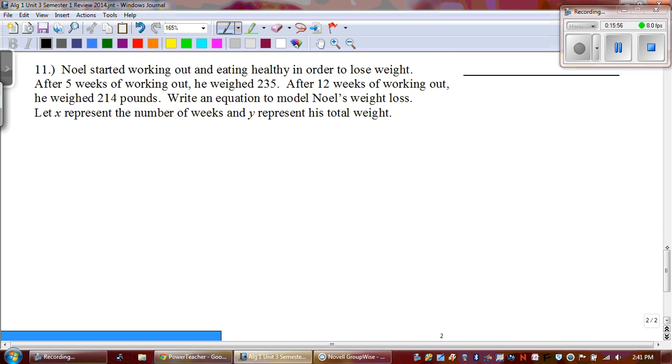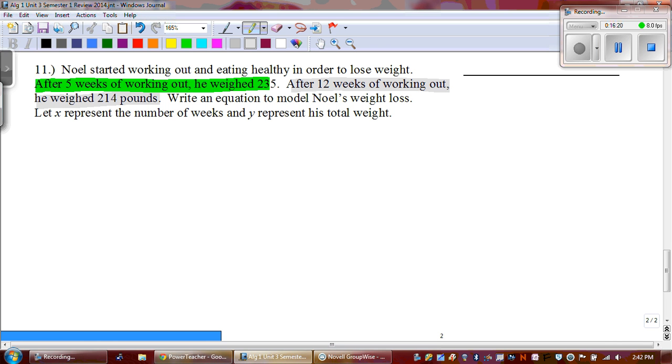Okay? And number 11, it said Noel started working out and eating healthy in order to lose weight. After 5 weeks of working out, he weighed 235. Okay. After 12 weeks of working out, he weighed 214 pounds.